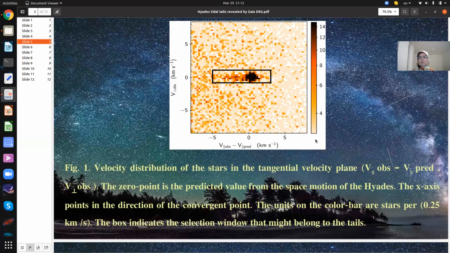The units on the color bar are stars per 0.25 kilometers per second. The box indicates the selection window of stars that might belong to the tail. And you see here the leading tail and the trailing tail.